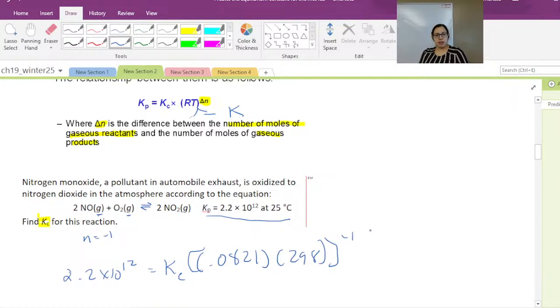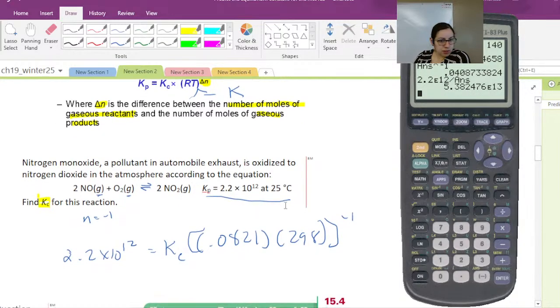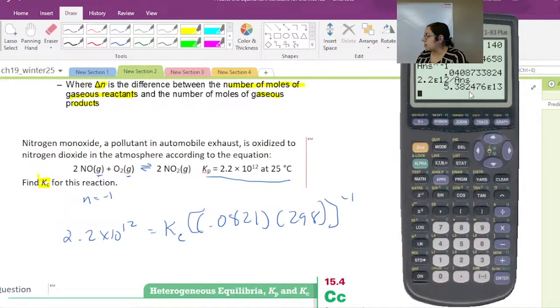Let's just plug that in. So I get this for my Kc value.